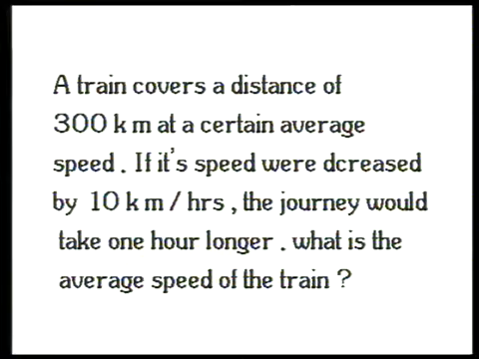Consider the problem. A train covers a distance of 300 kilometers at a certain average speed. If its speed were decreased by 10 kilometers per hour, the journey would take 1 hour longer. What is the average speed of the train?